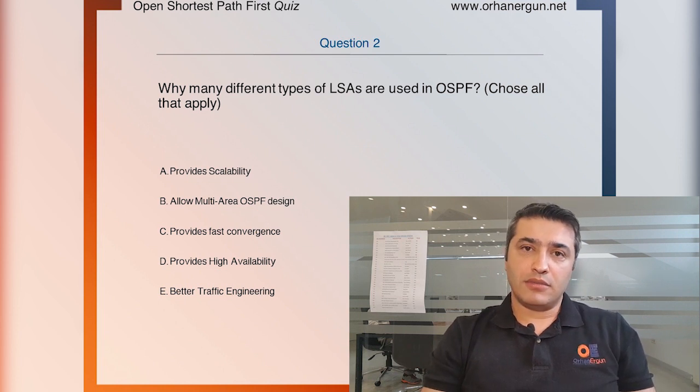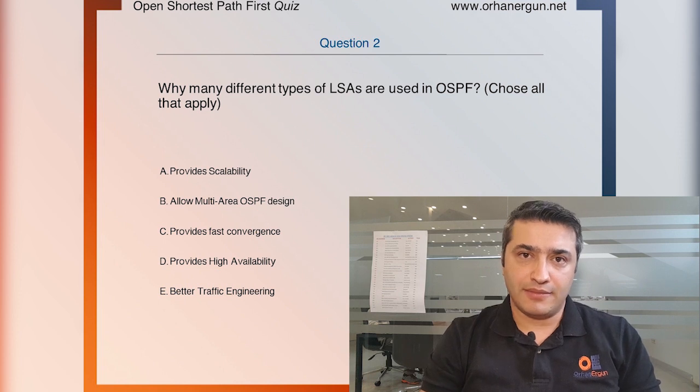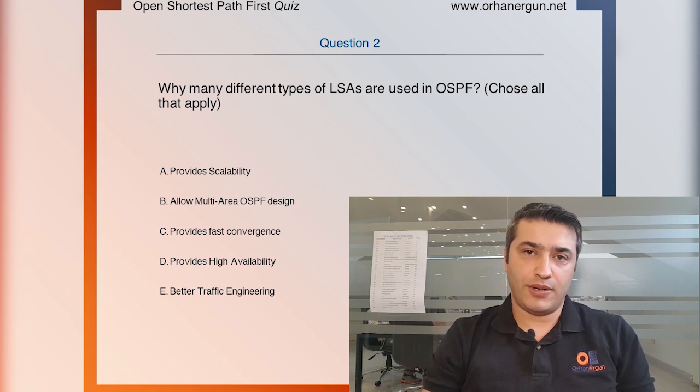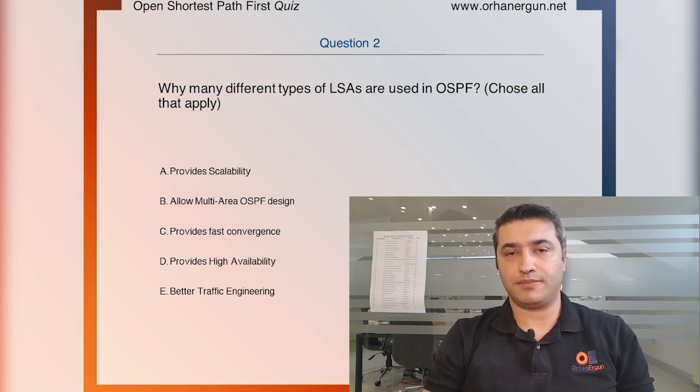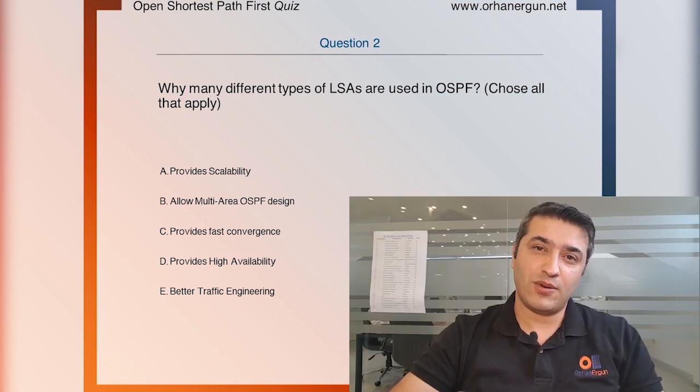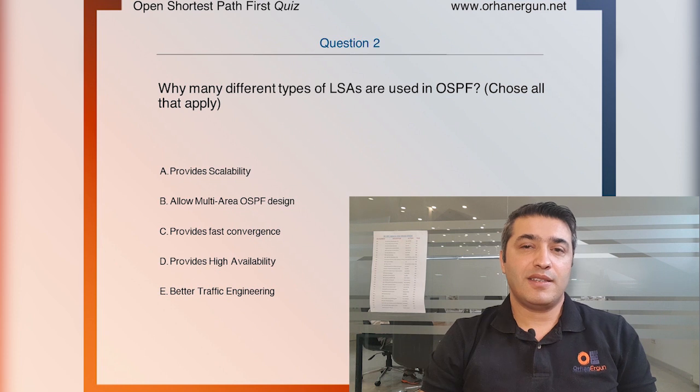Why? If we don't have a multi-area OSPF design, if we have just a single area, backbone area OSPF, then we can only have type 1 and type 2 LSA. If each and every link is a point-to-point link, then we will have only type 1 LSA, but the interface type may be Ethernet, so you need to set the OSPF network type to point-to-point, otherwise there will be DR election and there will be type 2 LSA.